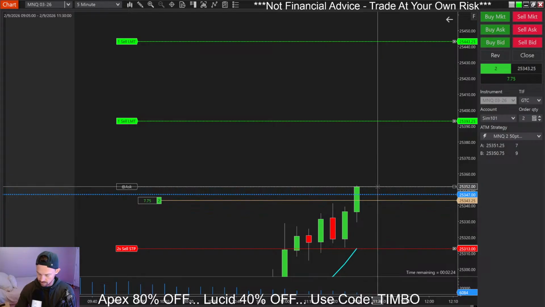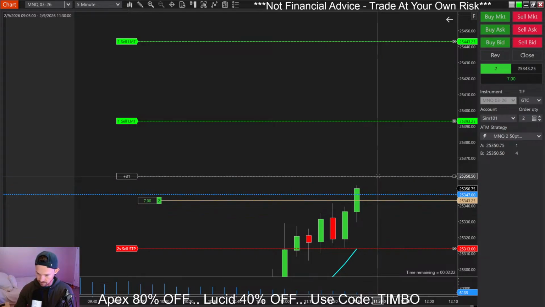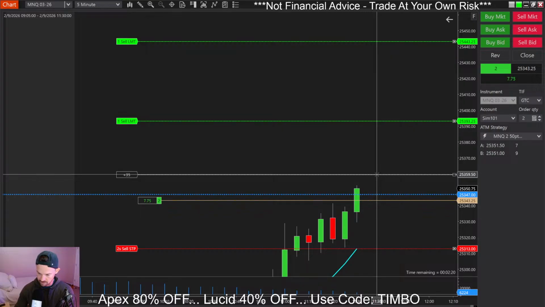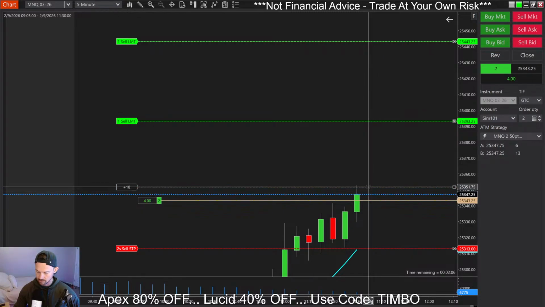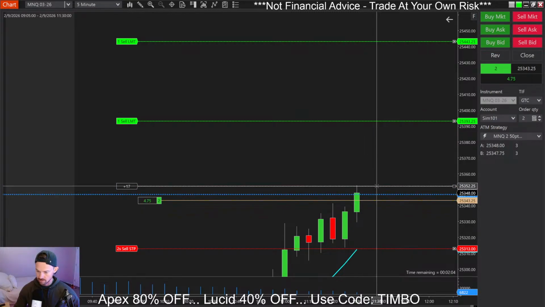Right at 350. See if we can get through those 350s. Maybe up to like 360. I kind of want to be scaling this a little quicker just because I'm already green on the day. Just in case they reject this overnight high area.